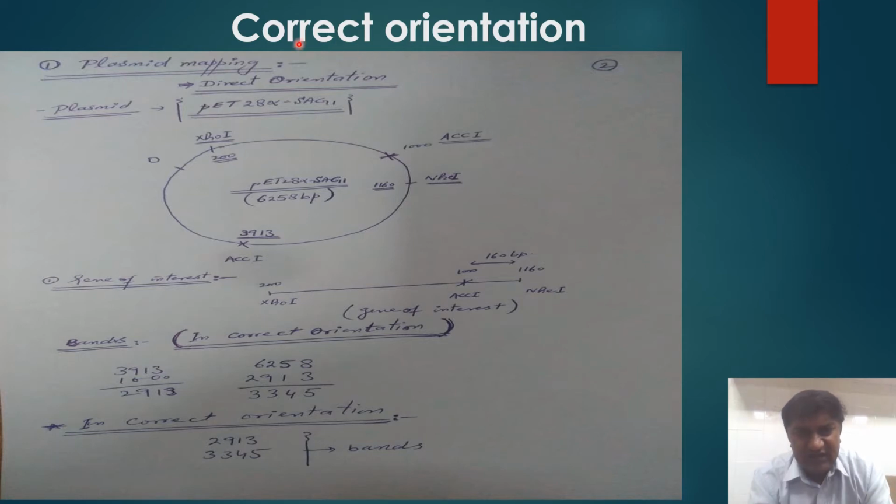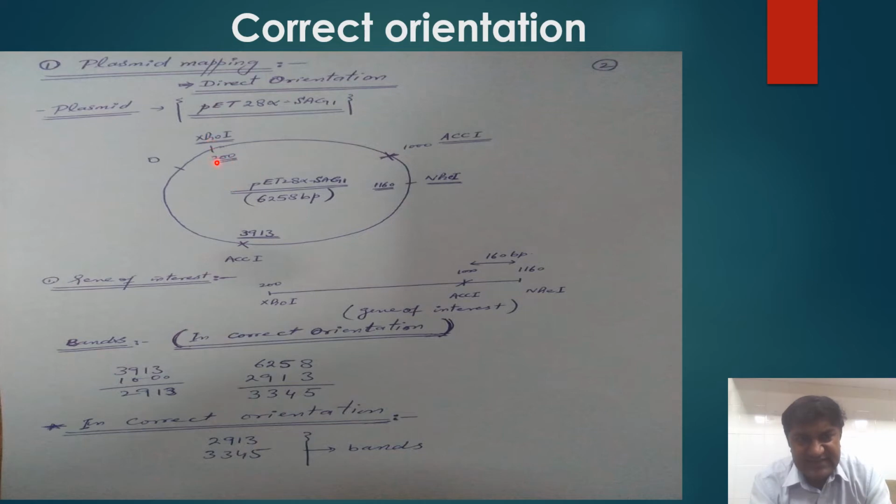Now in case of the correct orientation plasmid mapping, suppose this plasmid is pET28a SAG1. This is the plasmid diagram, and first of all, as I told you, you need to find out the gene of interest.